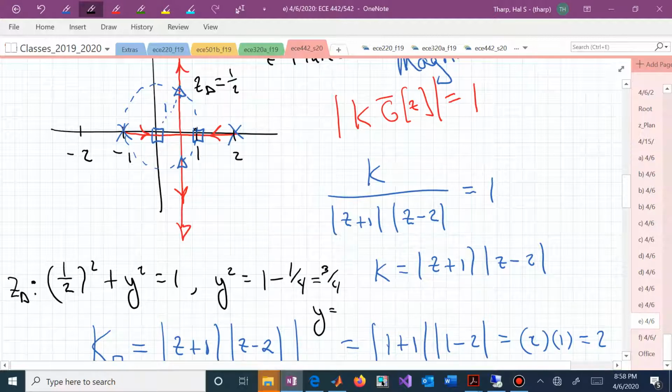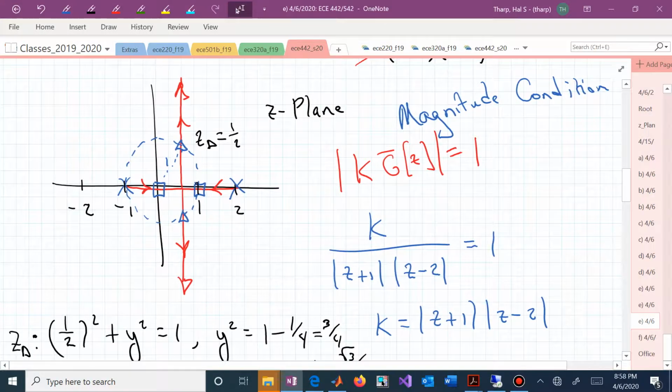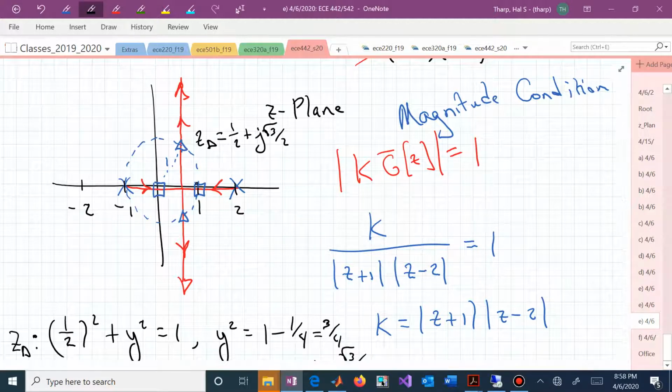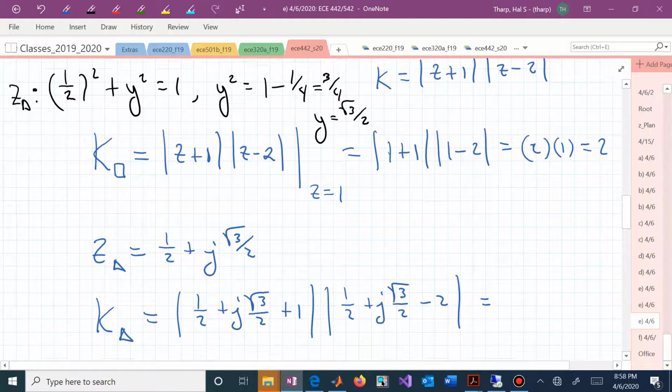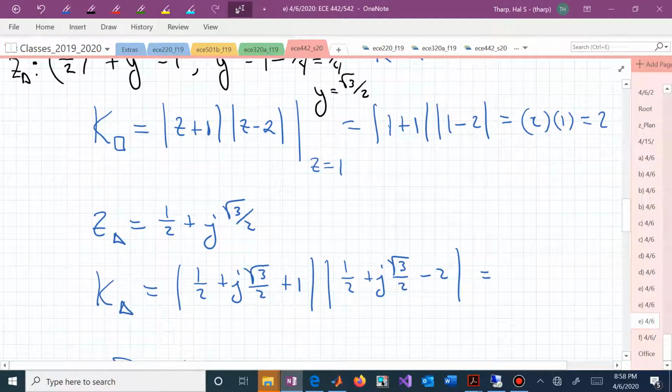So y is the square root of that, or it's the square root of 3 over 2. Z delta now is going to be 1/2 plus j square root of 3 over 2, and the lower triangle is going to be 1/2 minus j square root of 3 over 2.